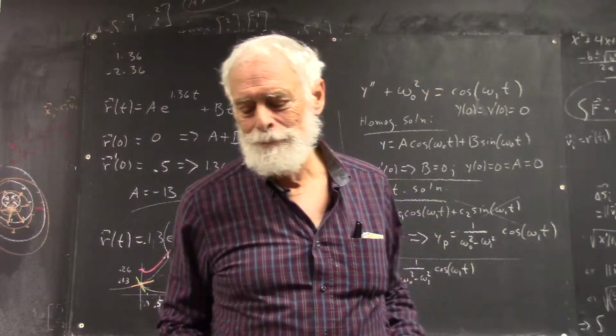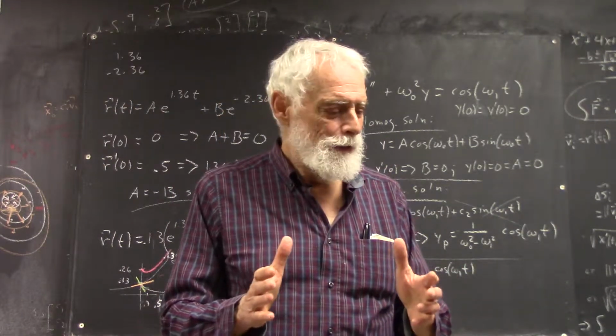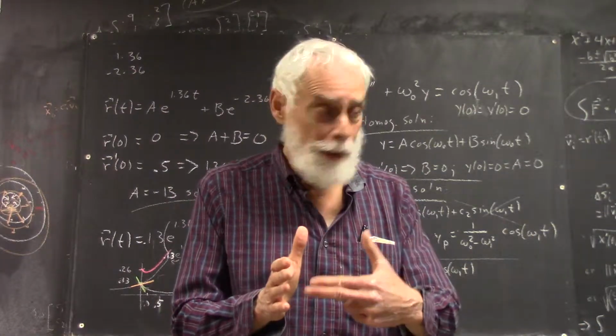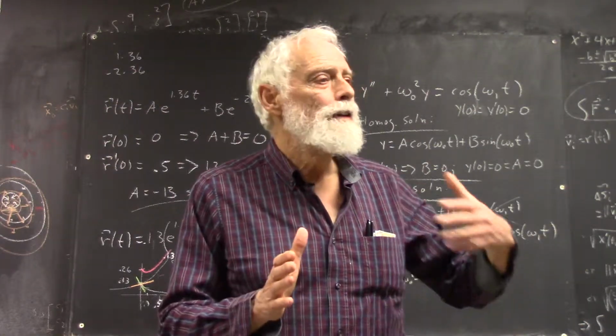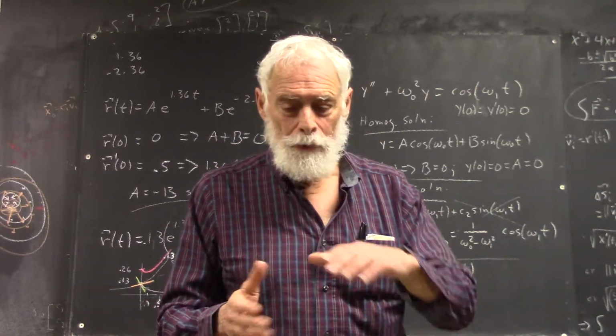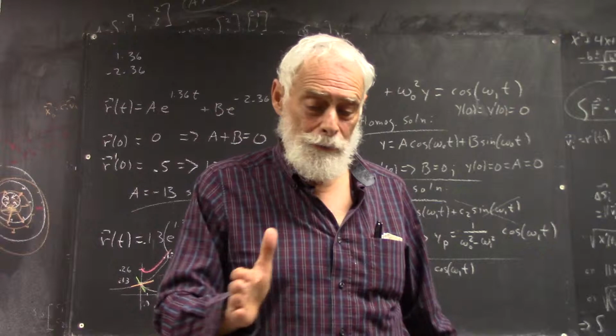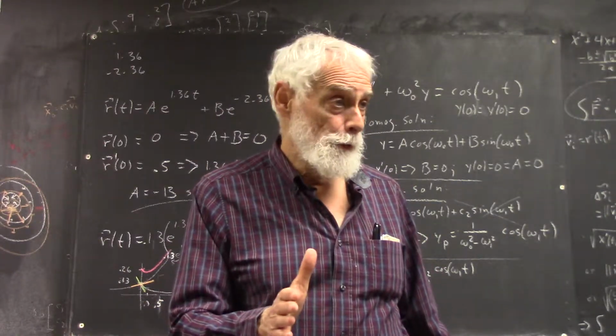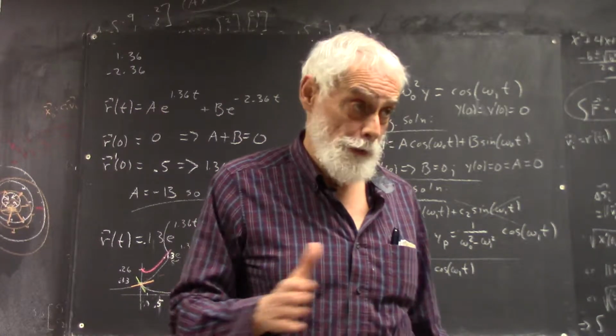So eventually, you're going to get totally out of phase, and you're going to be pushing him when he's coming at you, and you're going to start dissipating his energy. So his amplitude is going to increase for a while, then it's going to decrease, down to pretty much 0, and it's all going to start over again.